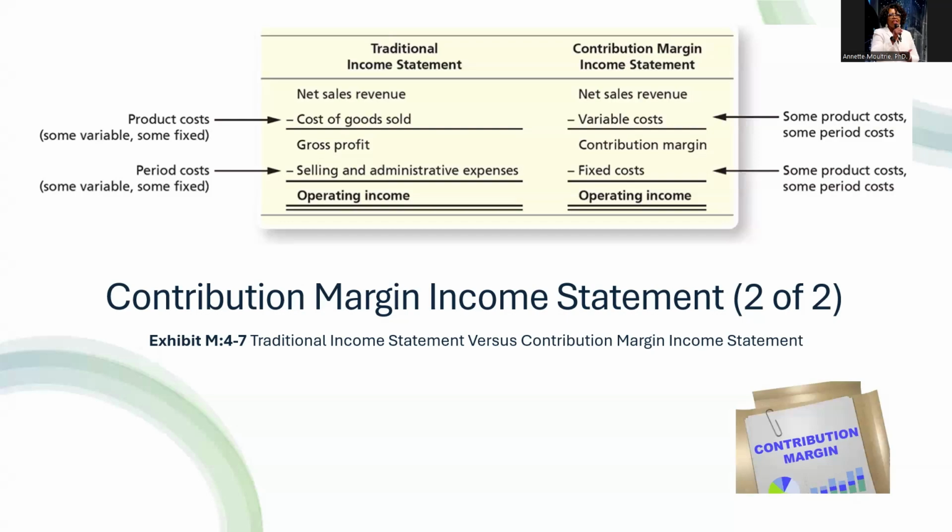And to your right, you see the contribution margin income statement. You have the net sales revenue minus variable costs, which will give you the contribution margin. And then you subtract the fixed costs from the contribution margin, which will give you the operating income. Okay?